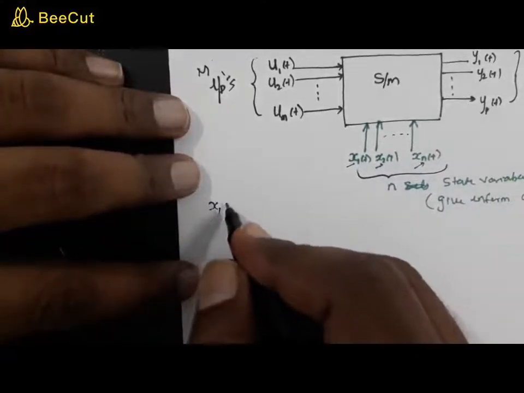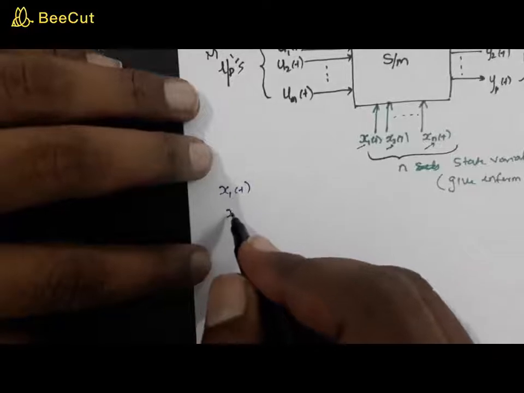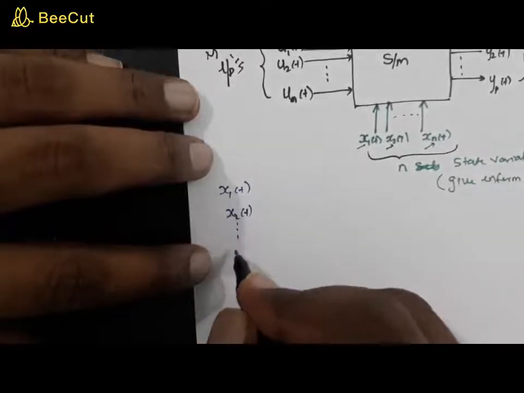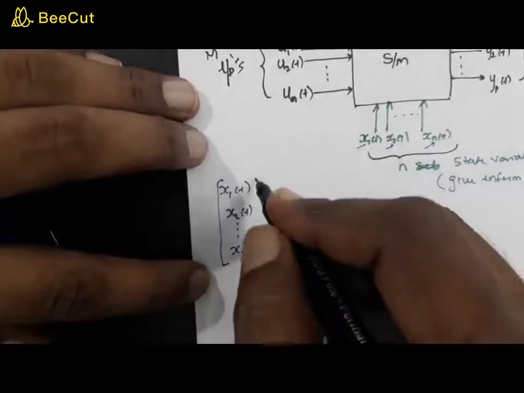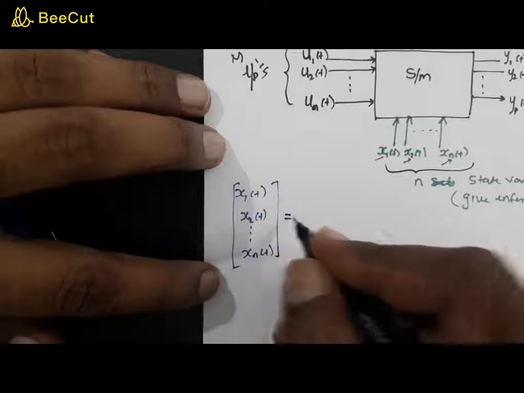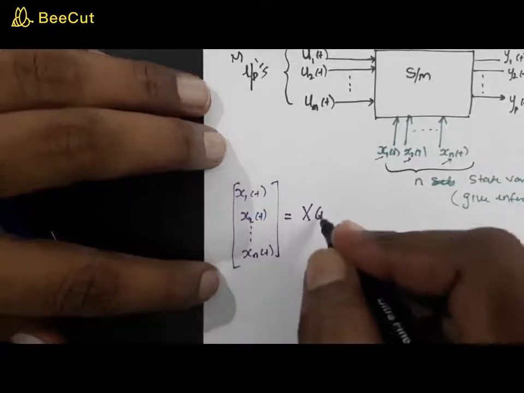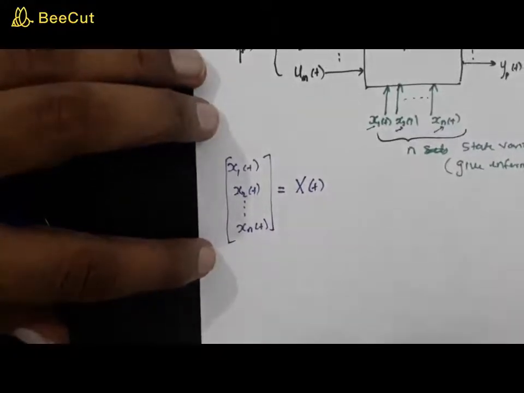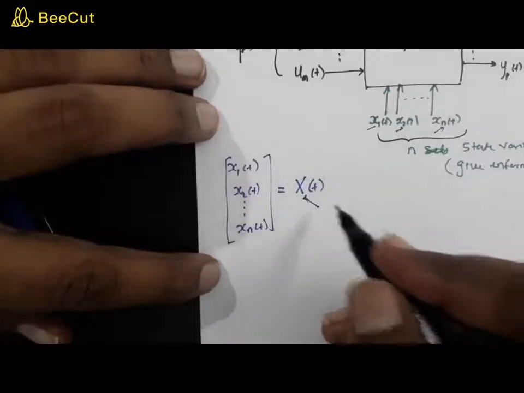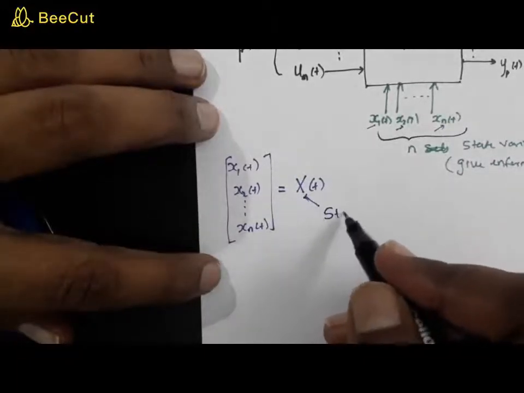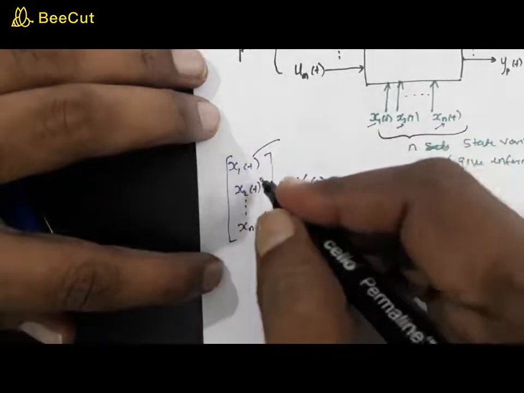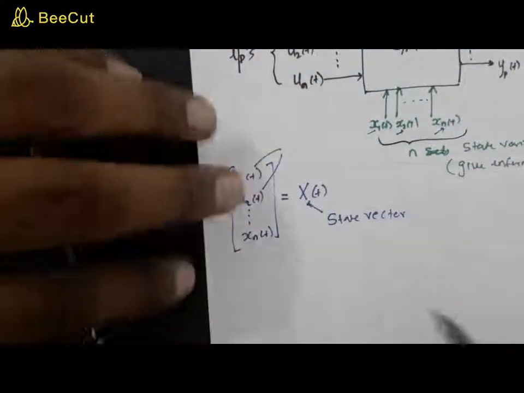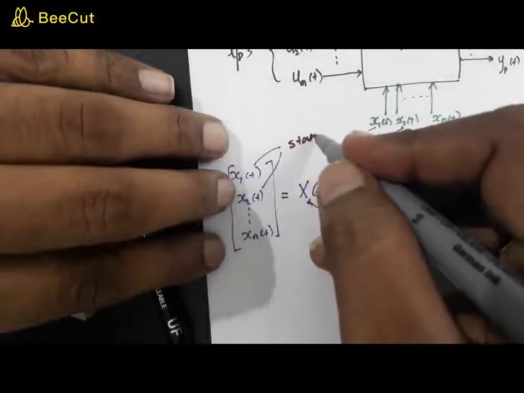You can represent these as a column matrix and call it capital X of t. This x of t is what is called the state vector, and each variable we call a state variable.